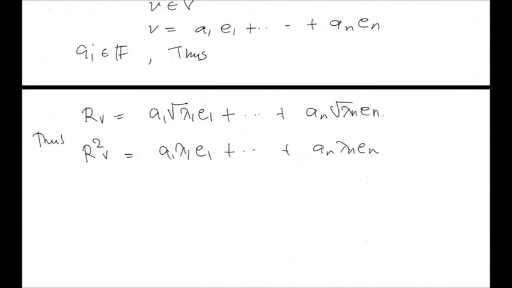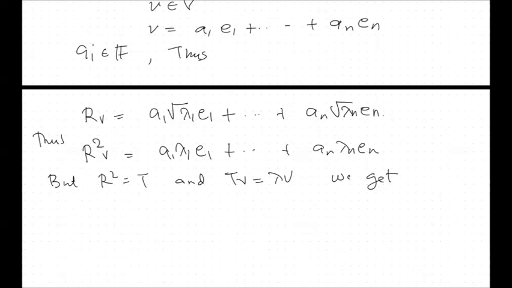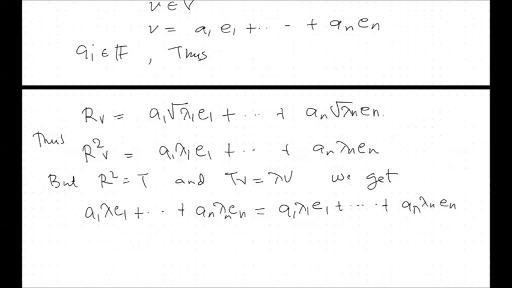We know that R squared is equal to T, and your T of v is lambda v. You get the equation a1 lambda 1 e1 plus an lambda n en is equal to a1 lambda e1 plus an lambda en.